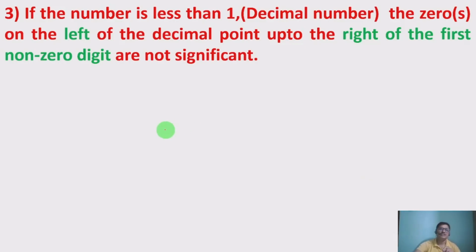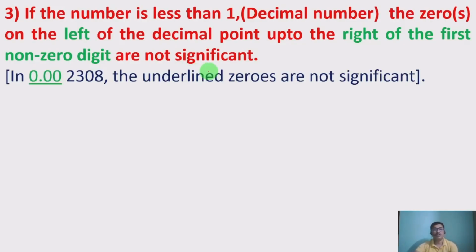Moving further, the third rule is that if the number is less than 1, a decimal number, the zeros on the left of the decimal point and up to the right of the first non-zero digit are not significant. The example here is 0.002308, the example we have taken previously.